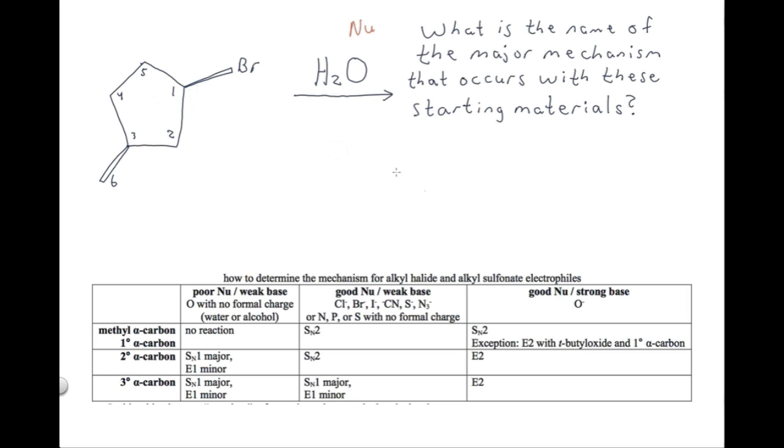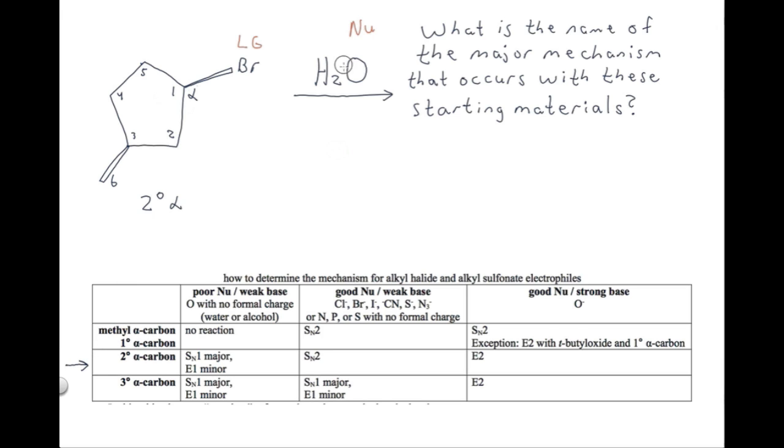Neutral bromine is a good leaving group, and because carbon 1 is attached to the leaving group, I'll say it is our alpha carbon. Now we want to pick a cell of this table. Here we have a secondary alpha carbon. Carbon 1 is secondary, which puts us in the middle row of the table.